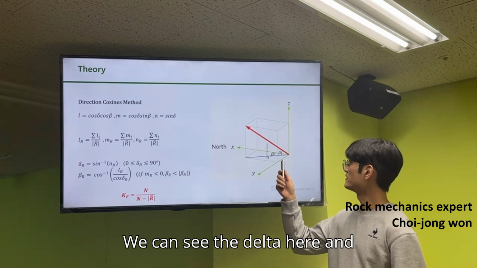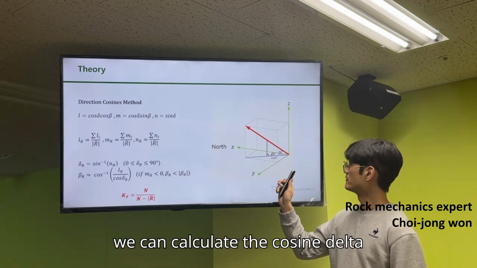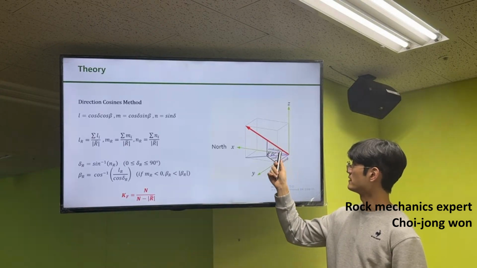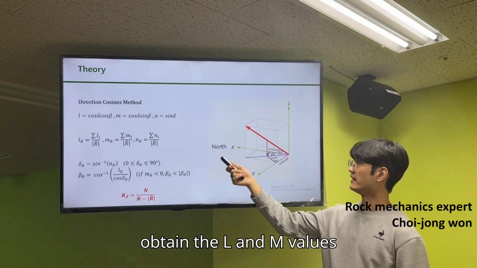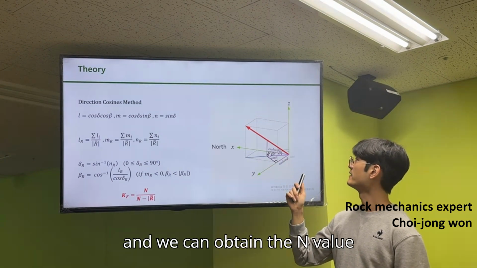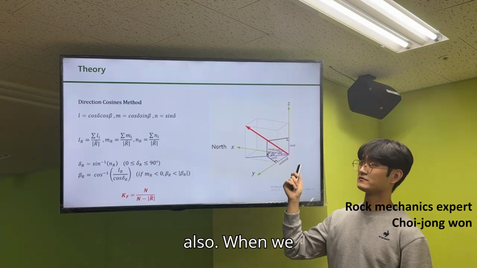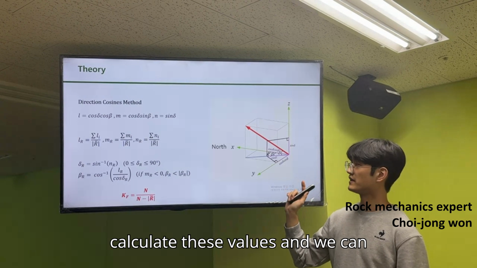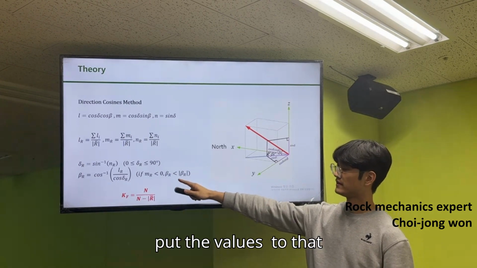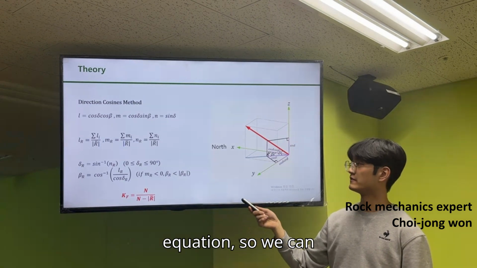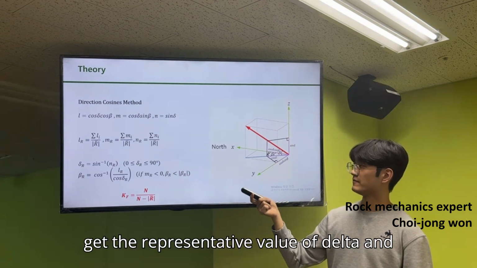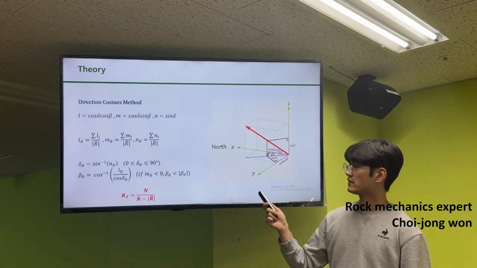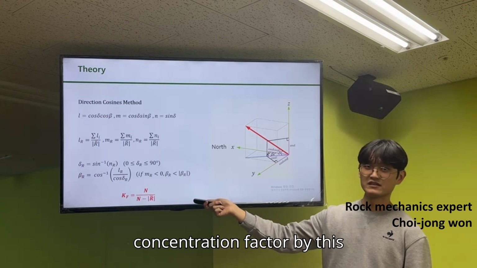We can see the delta here, and we can calculate the cosine delta, and by this we can obtain the L and M values, and we can obtain the N value also. And when we calculate these values, we can put the values into that equation, so we can get the representative value of delta and beta. And we can also calculate the concentration factor by this equation.